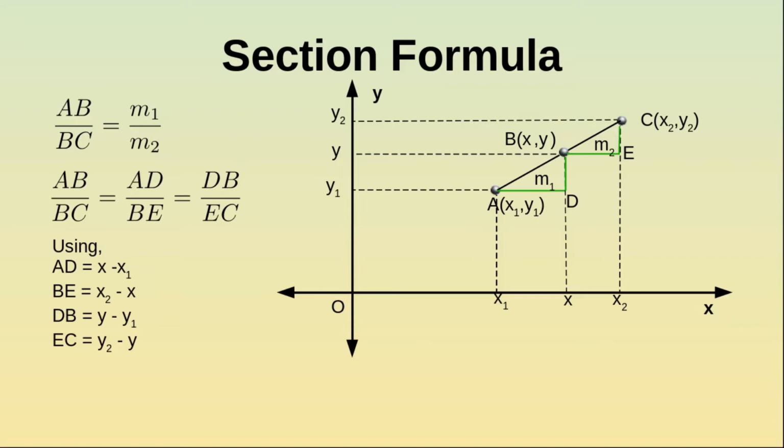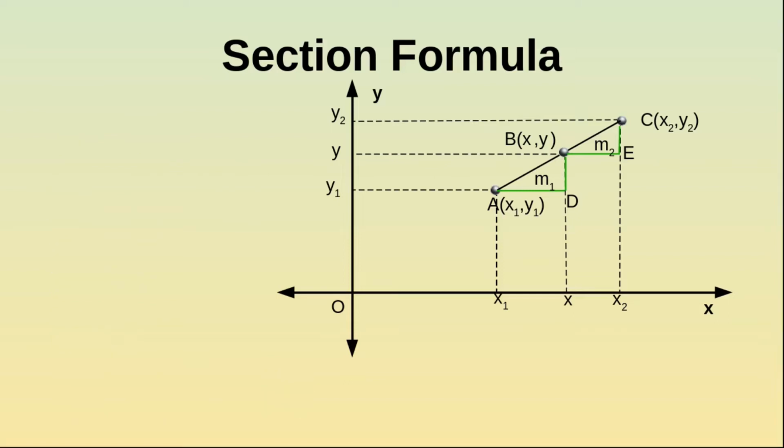So, using these, we can write M1 by M2 is equal to (x minus x1) divided by (x2 minus x), which is equal to (y minus y1) divided by (y2 minus y).